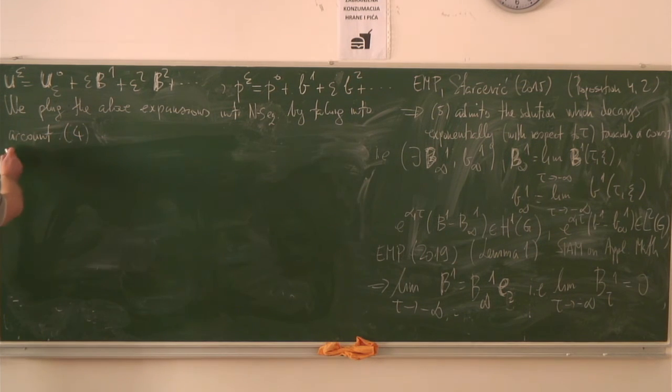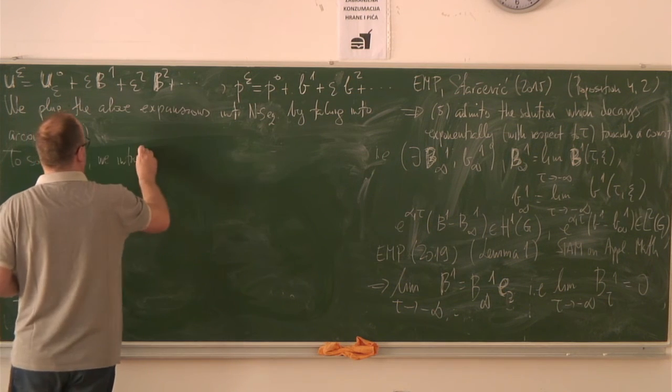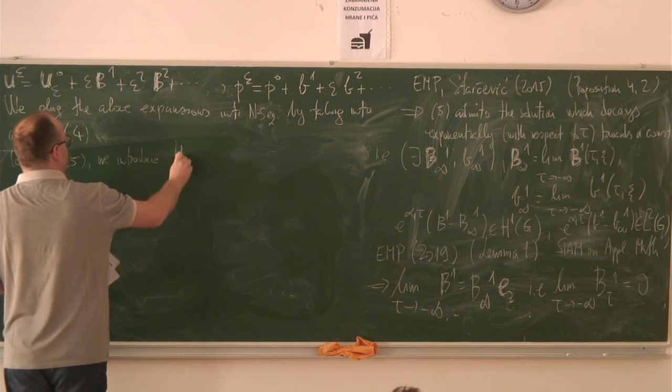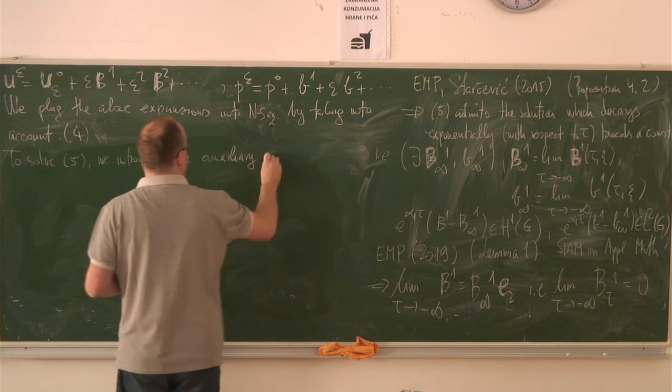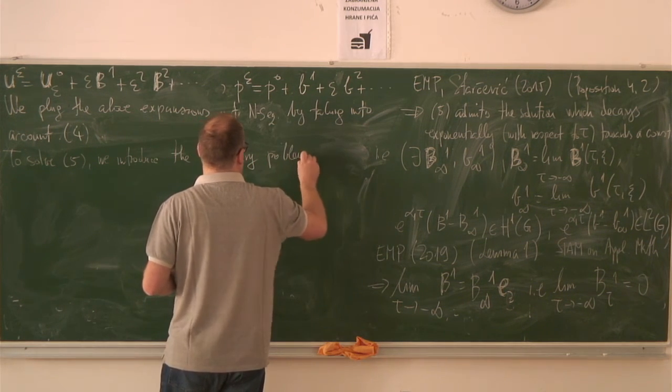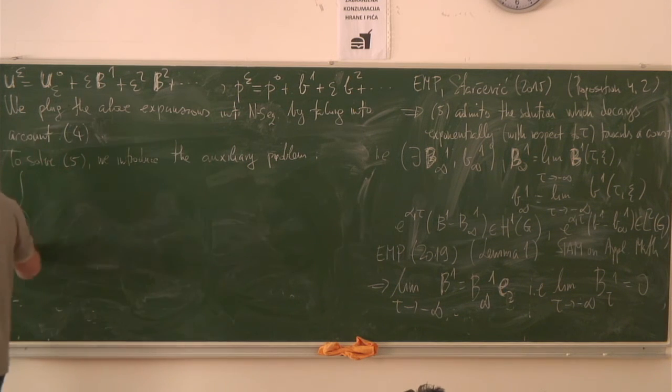So to solve 5, we introduce the auxiliary problem, which is essentially the Stokes system.